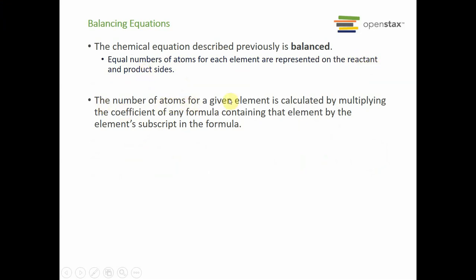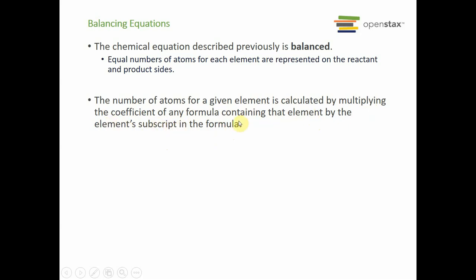The number of atoms for a given element is calculated by multiplying the coefficient of any formula containing that element by the element's subscript in the formula. Okay, let's go over that again. The number of atoms for a given element is calculated by multiplying the coefficient of not only any formula, but of all formulas that contain that element by the element's subscript in the formula.